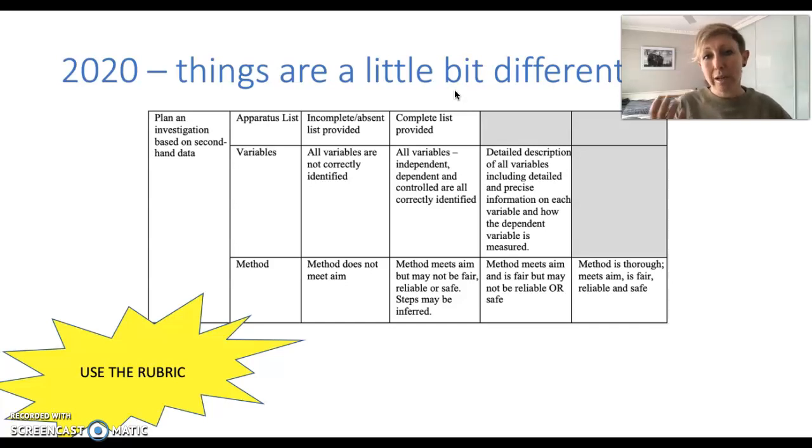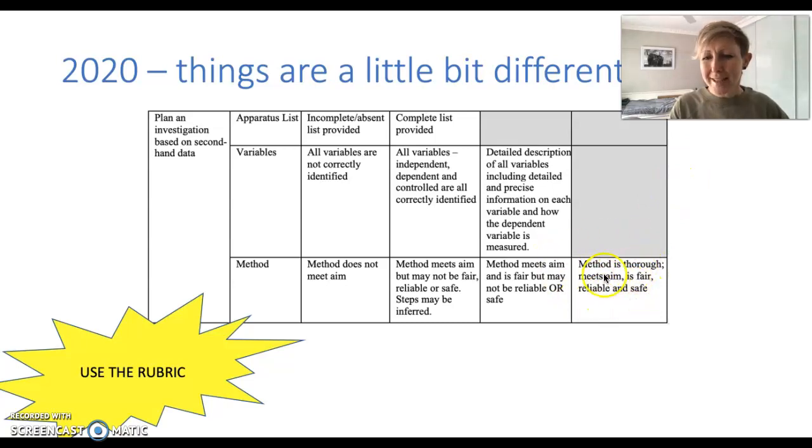So you do need to include in the method that the volume was measured using a 50 milliliter measuring cylinder, that kind of thing, so that you're being very, very clear on how to measure that volume, how to measure the mass of the yeast using an electronic balance, so that you're making sure that those variables are precisely controlled.